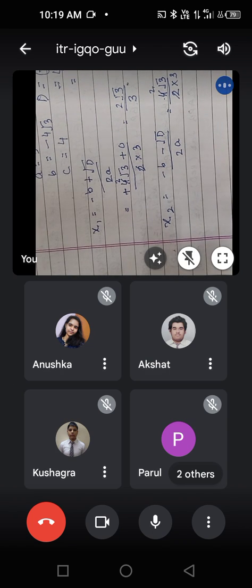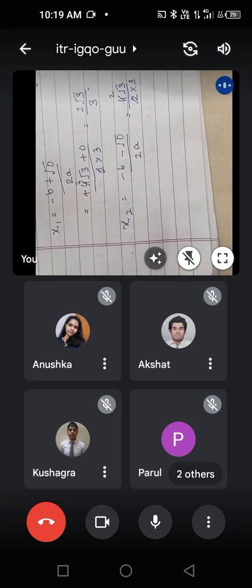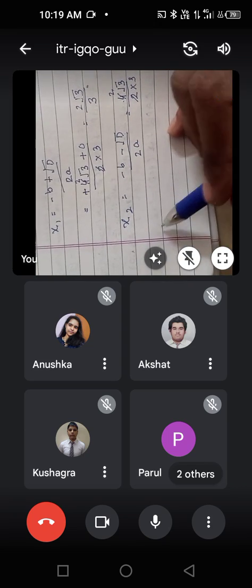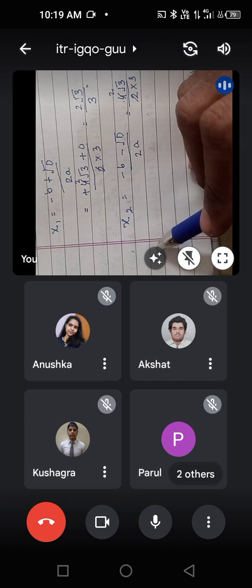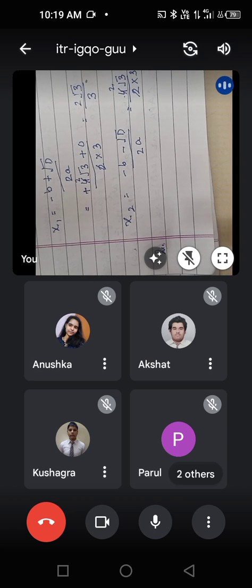Second part says find the values of k. Question number 2, find the values of k for each of the following quadratic equations so that they have two equal roots. So that they have two equal roots. What does the question want to say is, you read the question carefully, find the values of k.